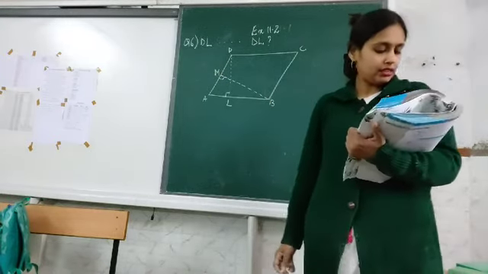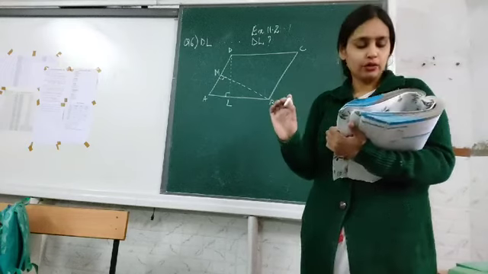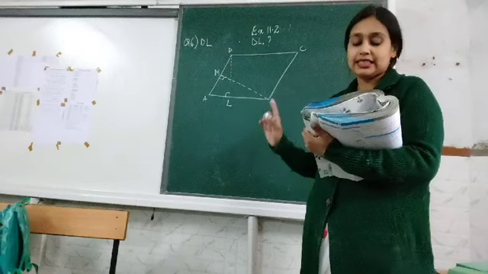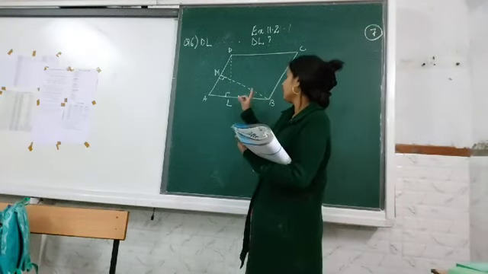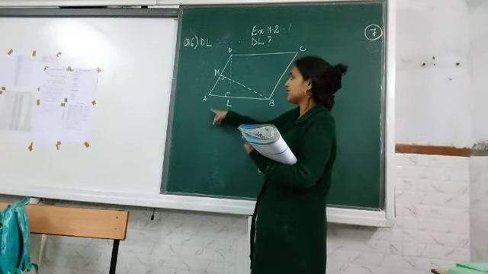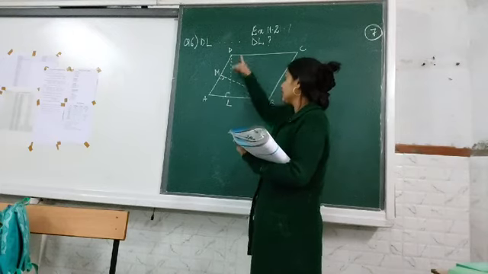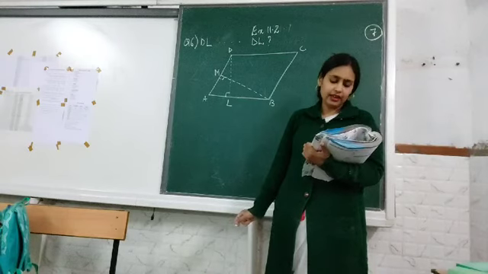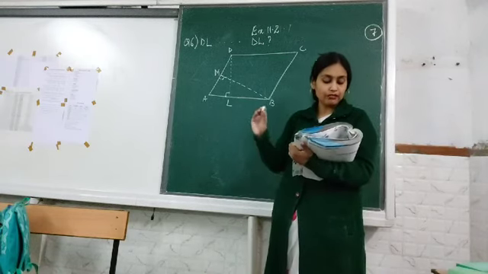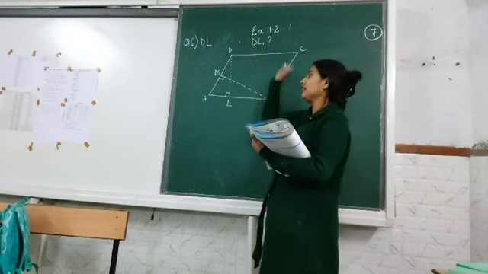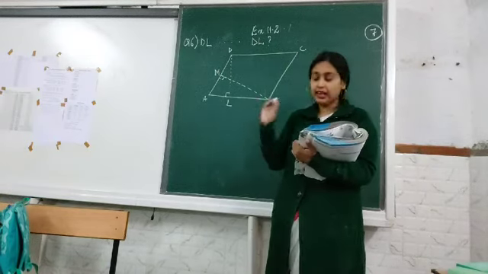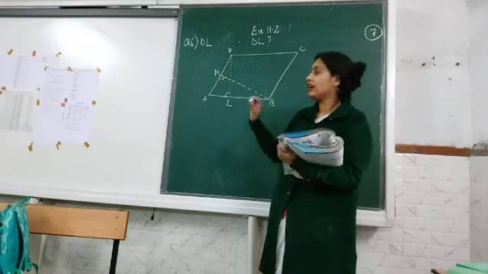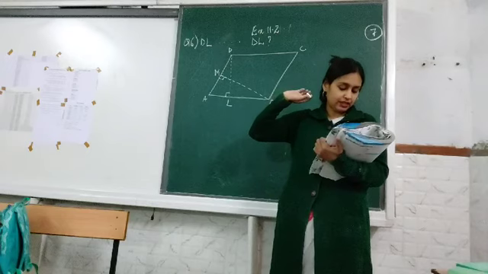Okay? So, let's start. I haven't read the question for you all. I'm going to read the question. DL and BM are the heights on the sides AB and AD. If the area of the parallelogram is 1470 centimeters square, the area is given, and AB is equal to 35 centimeters and AD is equal to 49 centimeters.